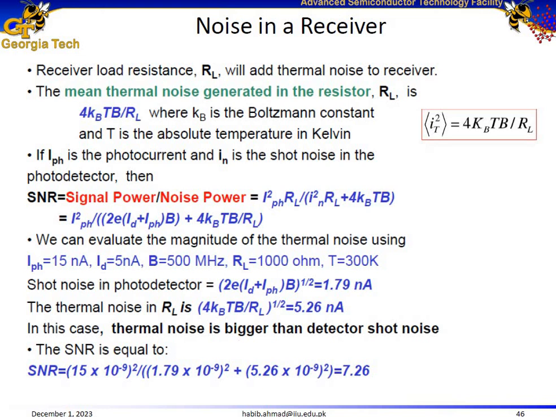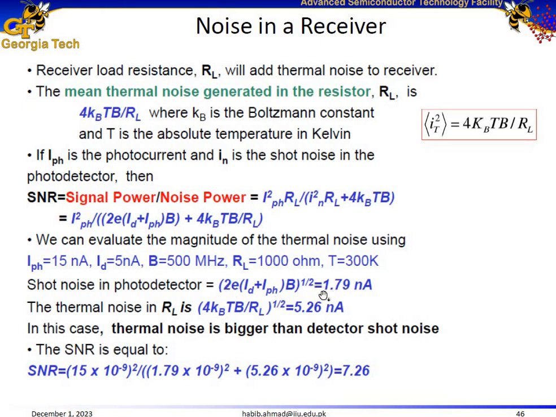Here our goal is to calculate the shot noise in photodetectors and the thermal noise in photodetectors, and then finally to calculate the signal to noise ratio of the photodetector. As we know, noise in a photodetector has three components: the dark current related noise and the photocurrent related noise, which can be combined into one equation, and then we put in the values given in this example into this equation.